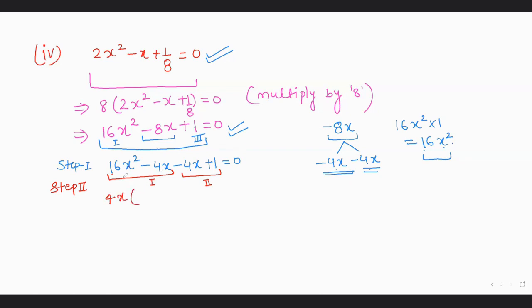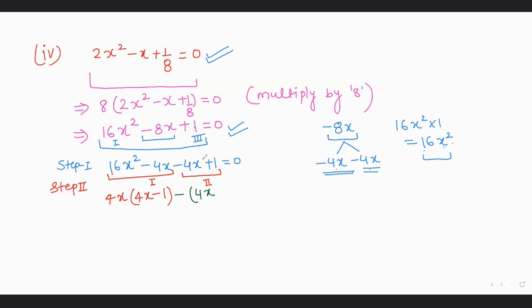So what will be left? It is 4x minus 1. Now student, in the second term, you can see that it is minus 4x plus 1. So we can take a common minus. So it will be 4x, as you see, we have taken the common minus.